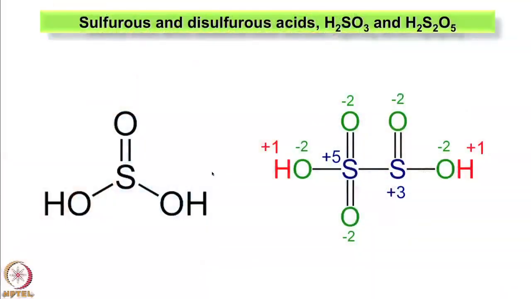S2O5 2 minus ion is the only known derived anion of disulfurous acid and possesses a structure with a long weak SS bond. You can see here the structures I have shown. This is sulfurous acid and this is disulfurous acid, and of course, here you can notice the two different states of two sulfur atoms.